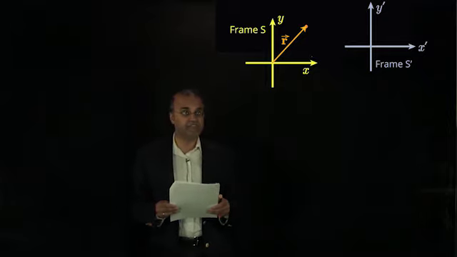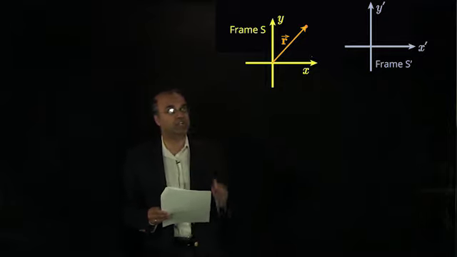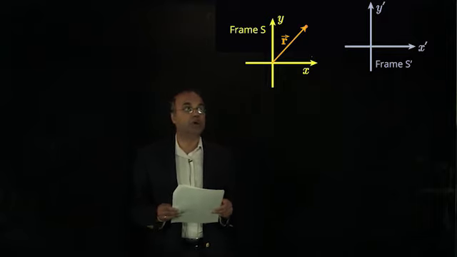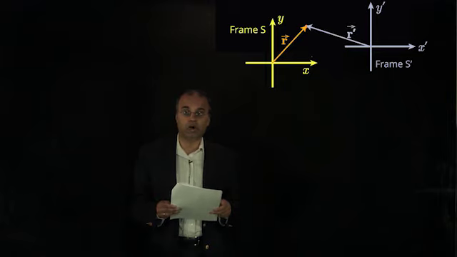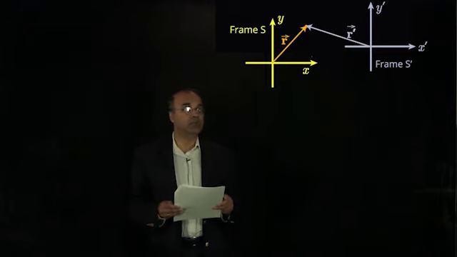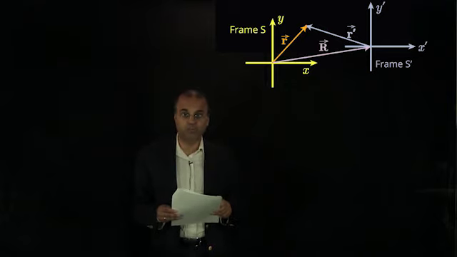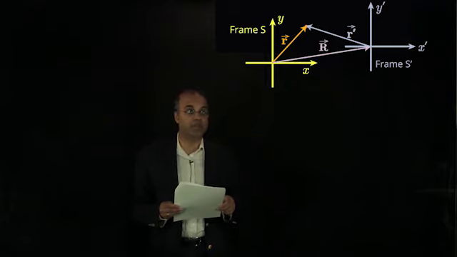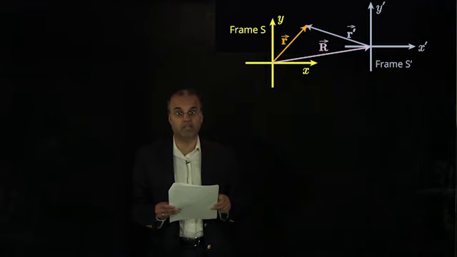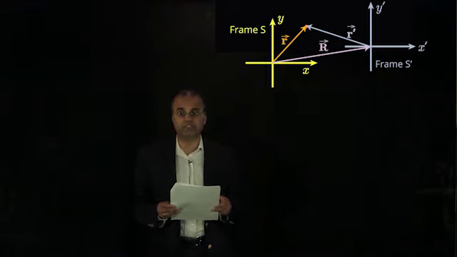The observer S will measure a position vector little r. Observer S prime will measure a position vector little r prime. The two observers have a relative position vector, capital R, which is the position of S prime relative to the origin of frame S. So what we'd like to see is, how are these different position vectors related?